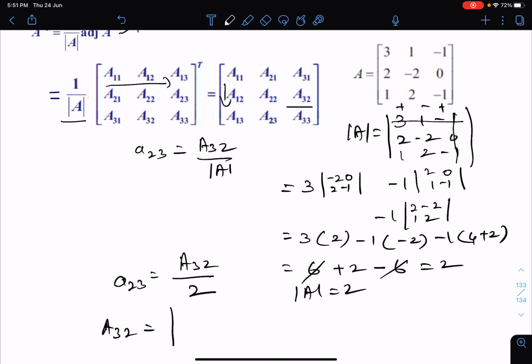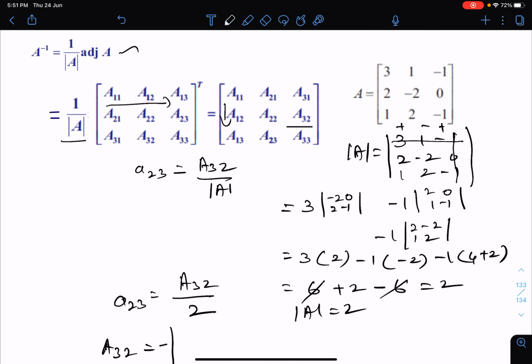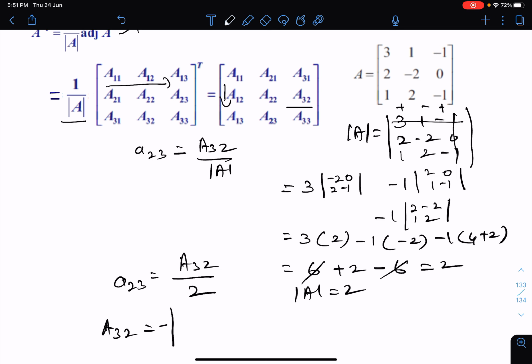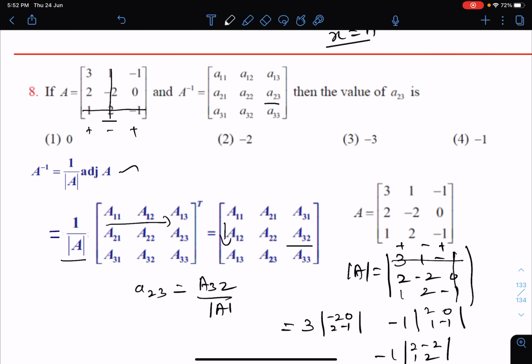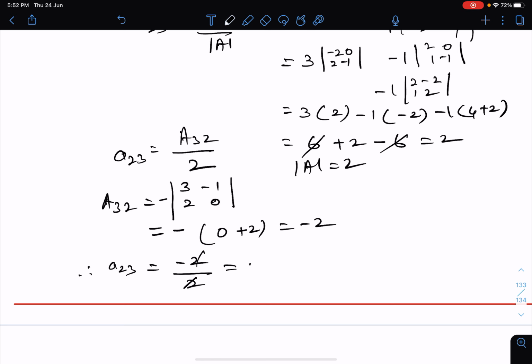It is going to be minus, because the signs here are plus, minus and plus. So our minor is going to be 3, minus 1, 2, 0. Expanding this, you will get minus of 0 plus 2, that is equal to minus 2. Now substitute here. Therefore A23 equal to minus 2 by 2, that is equal to minus 1.